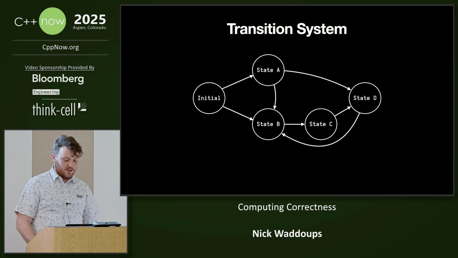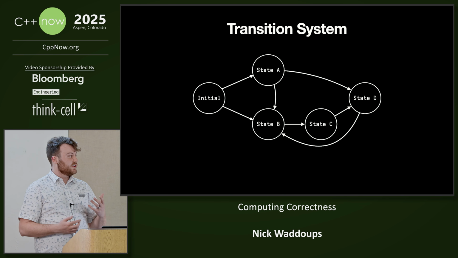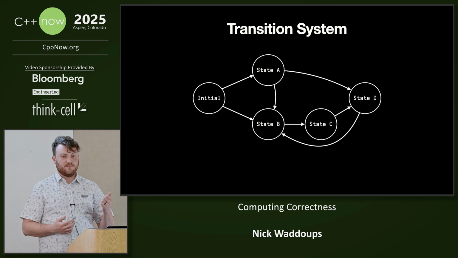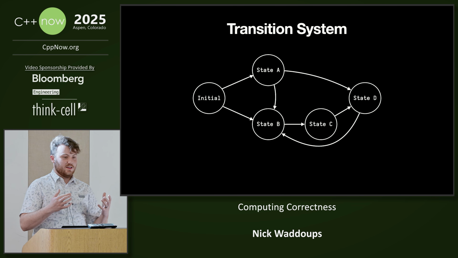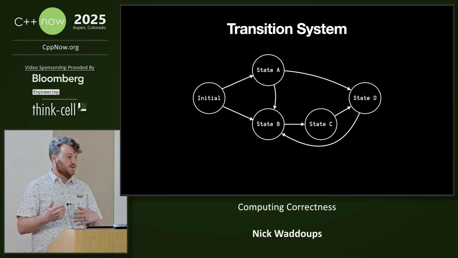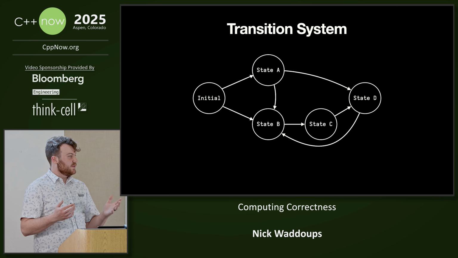A commonly used method in formal verification for this is a transition system. With a transition system, you start with an initial state, and then there are some allowed transitions that you can take, and those transition you to future states. You can use a transition system to model pretty much any part of a program. You can model branching, you can model loop semantics, anything that you want.